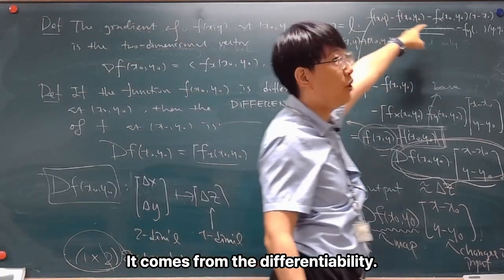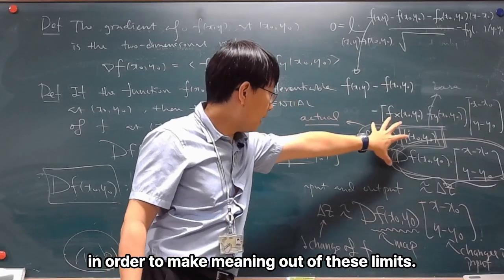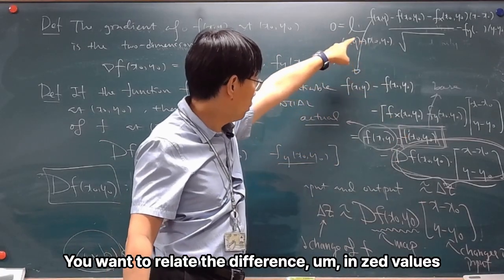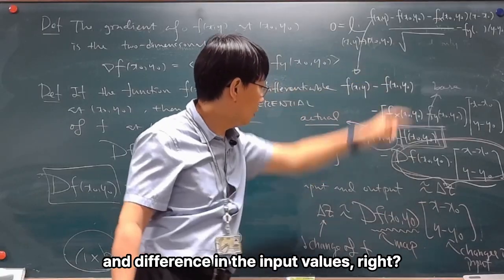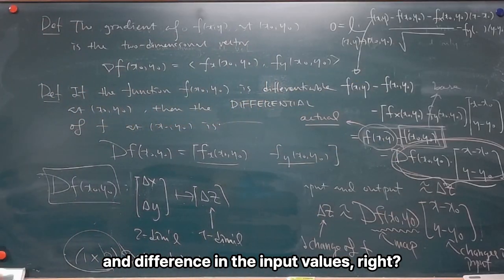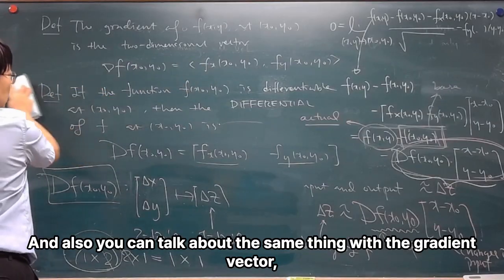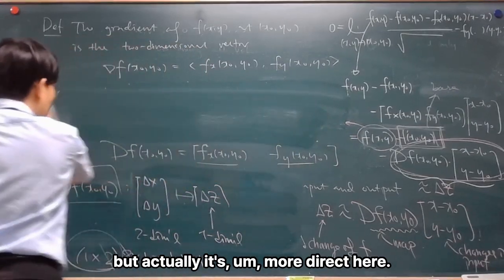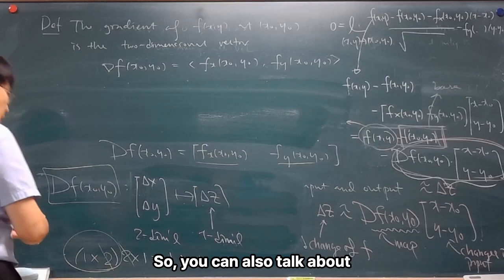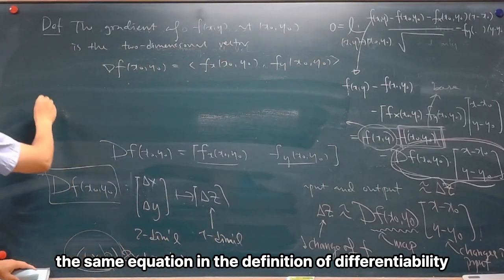It comes from the differentiability. It has to be those two partial derivatives in order to make meaning out of these limits. You want to relate the difference in z values to the difference in the input values, right? And also you can talk about the same thing with the gradient vectors, but actually it's more direct here. So you can also talk about the same equation in the definition of differentiability as follows.